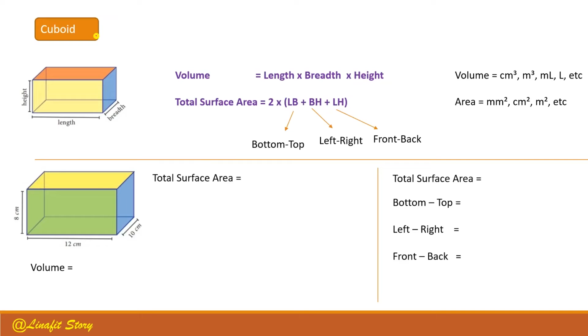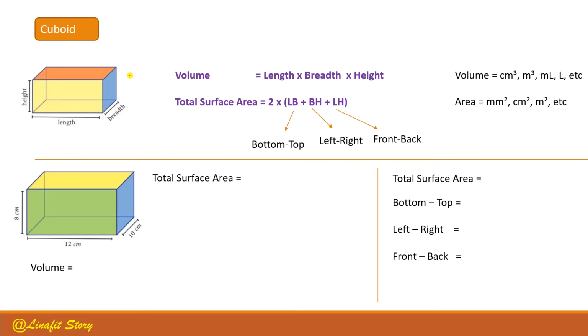Here is a cuboid. A cuboid has 6 faces. The faces opposite each other are equal. To get the volume of a cuboid is length times breadth times height. The total surface area of a cuboid is the sum of all its surfaces.